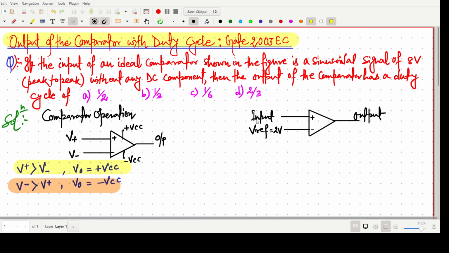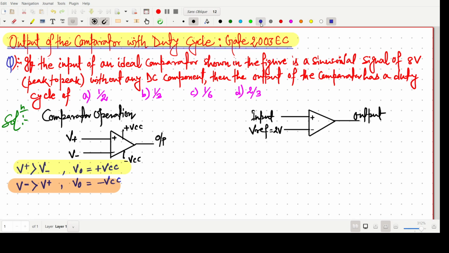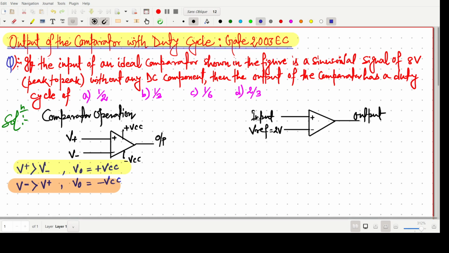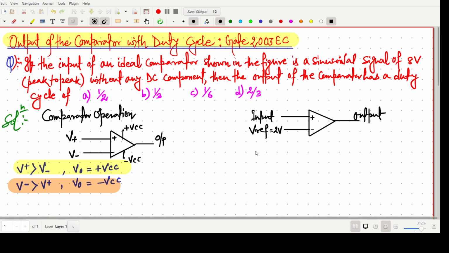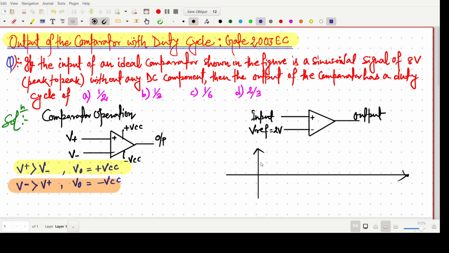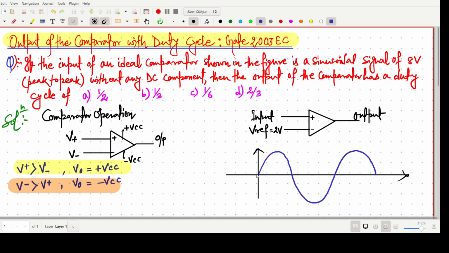So now we have to move to this question. In this question, the input is a sinusoidal signal with 8 volt peak to peak. So what does it mean? Say some sinusoidal signal is there, with omega t, and I am calling it V input.